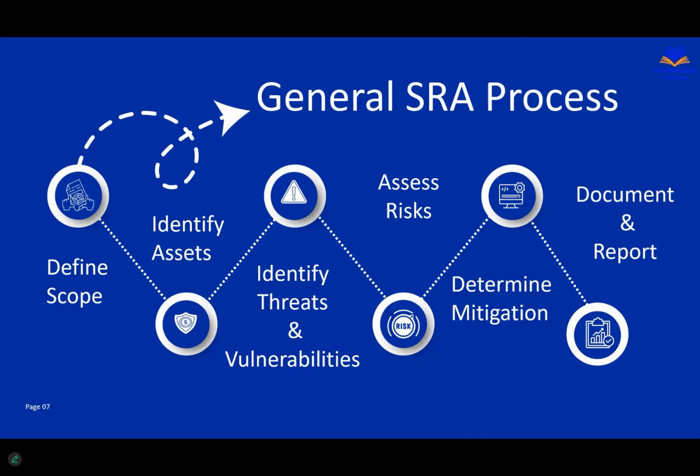The first one is that we are going to define the scope. Defining the scope means: what system or environment are we assessing? We're also going to identify assets. There's no organization that doesn't have assets. Do you know that assets include the employees of the organization?